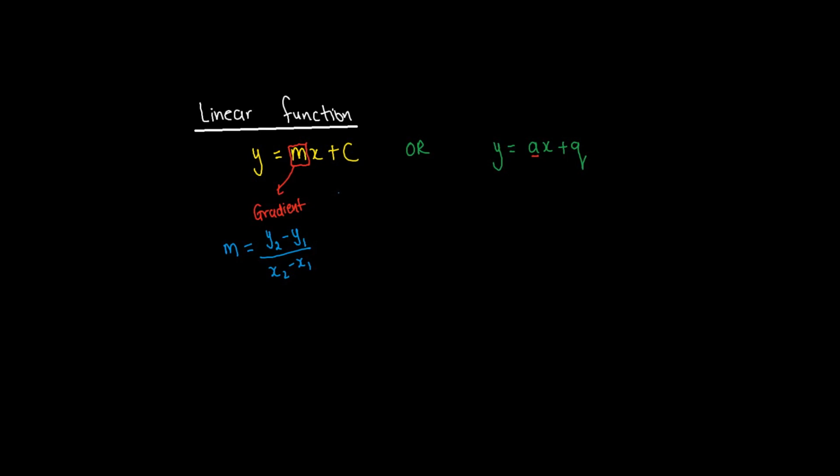When we talk about gradient, we are referring to the slope of the line. So imagine that you get into school, right? And you have to walk up the steep slope, the hill rather.